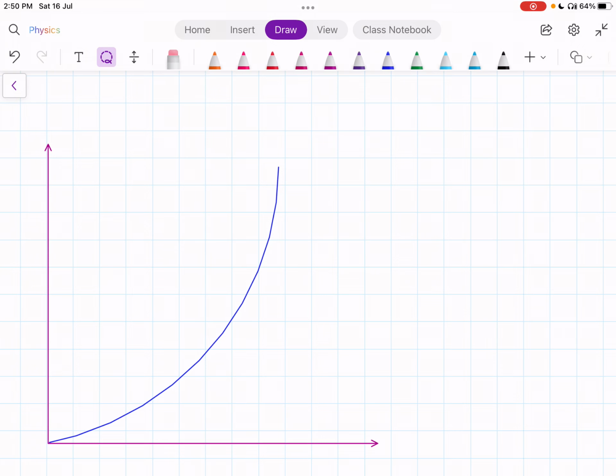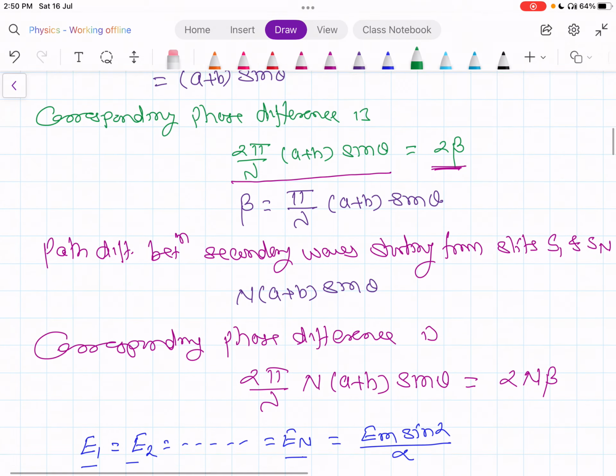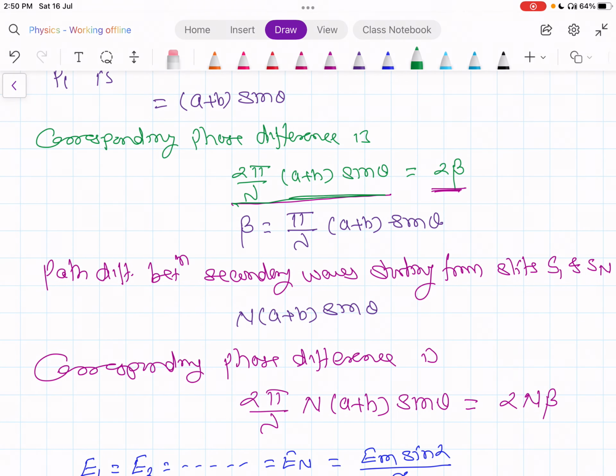So n number of phasors will form an arc, in which this is the phasor E1, this is the phasor E2, and the phase difference between these two neighboring phasors, or neighboring secondary waves, is 2 pi by lambda A plus B sine theta, which we assumed equals 2 beta.